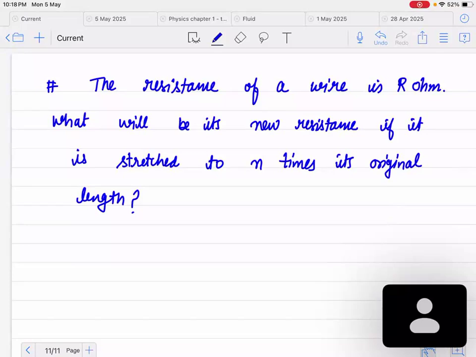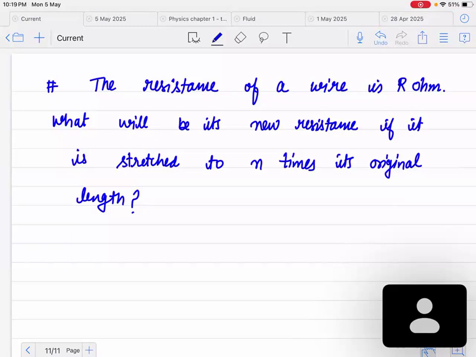So it will be n times? No, think about it. R is rho L by A. That is fine, but see, we are stretching the wire. If you are stretching the wire, area will not remain the same. Length will increase, but area will decrease.